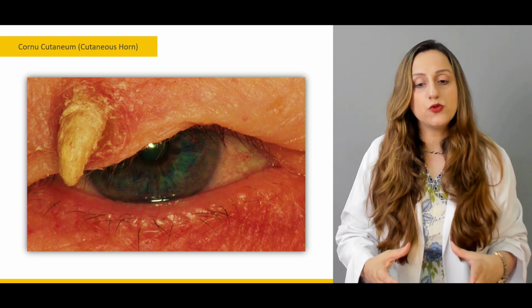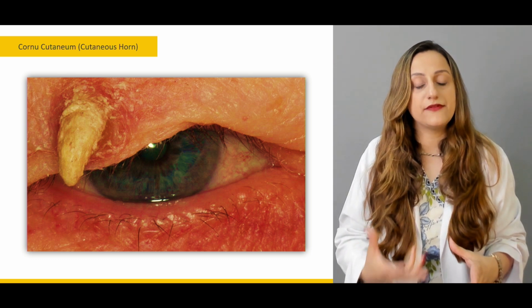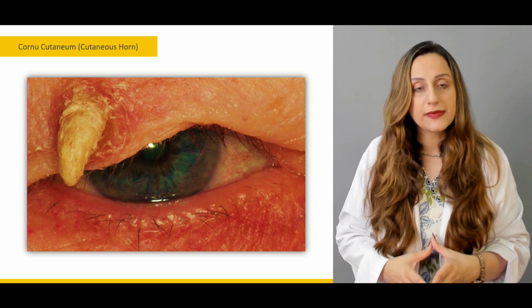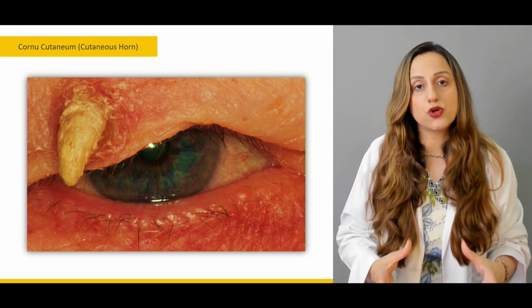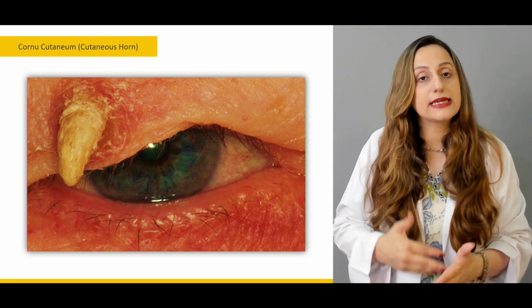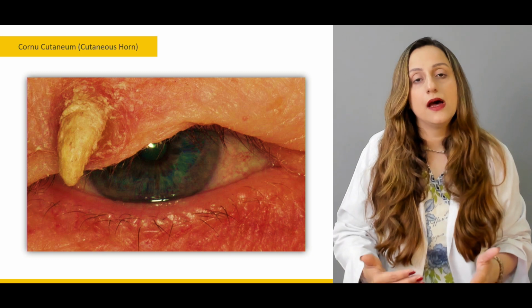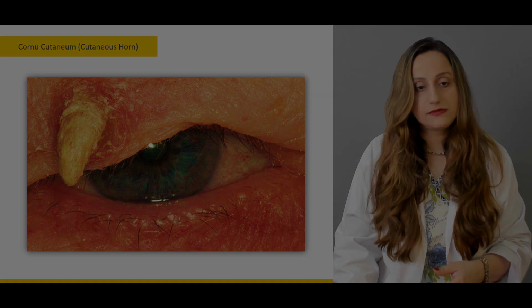This would give you the irritative factors that led to the development of this cutaneous horn. Basically, it's usually a non-malignant condition, but it's a borderline condition. It can basically progress towards malignancies.